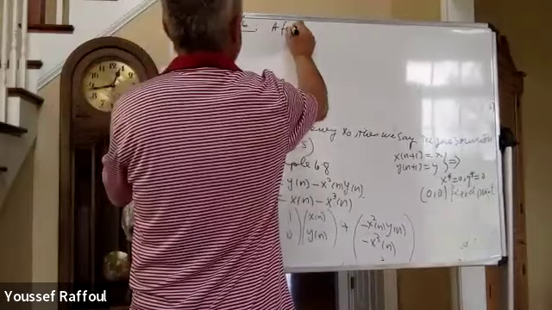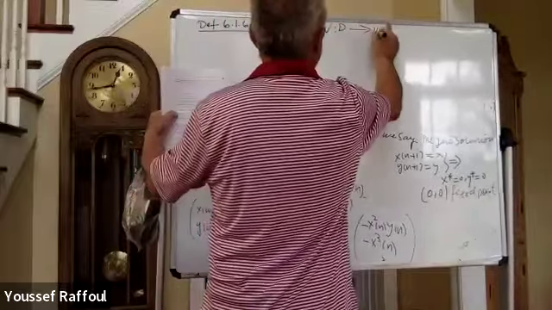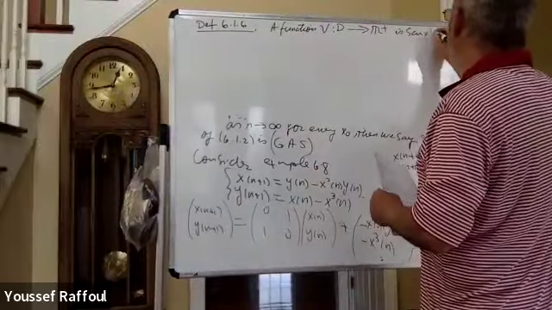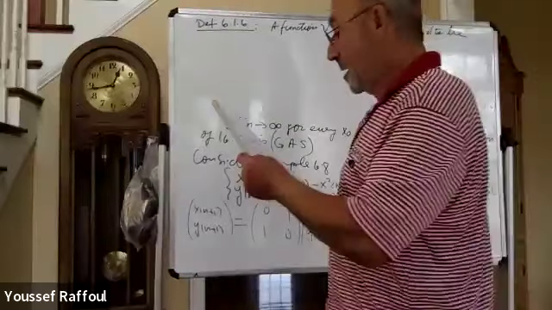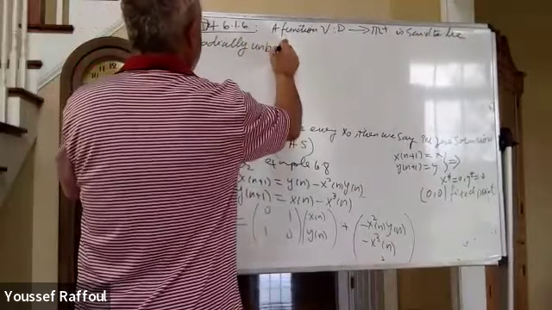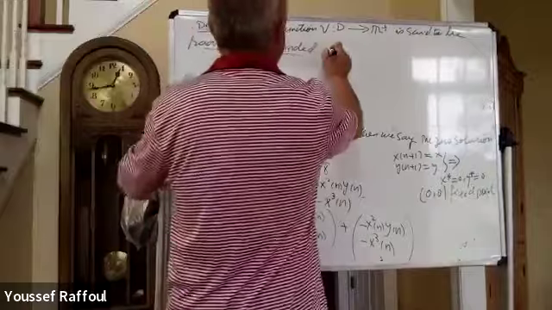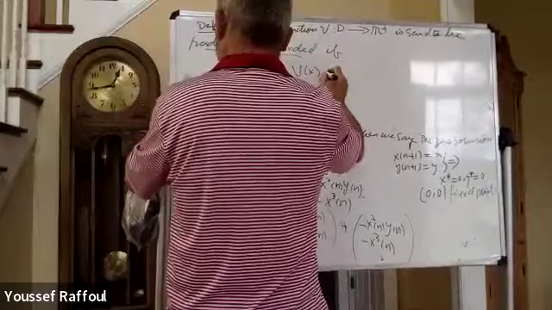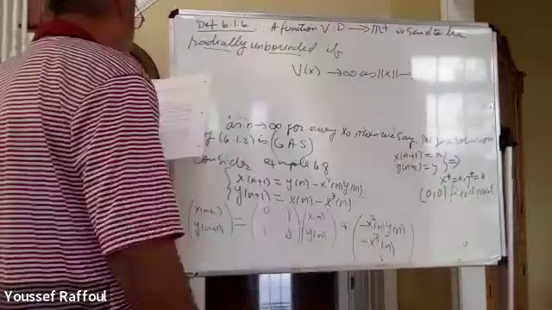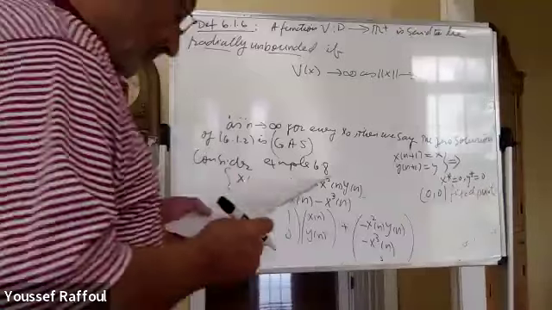A function V from a set D to R plus is said to be radially unbounded if V of x goes to infinity as x goes to infinity. Okay?